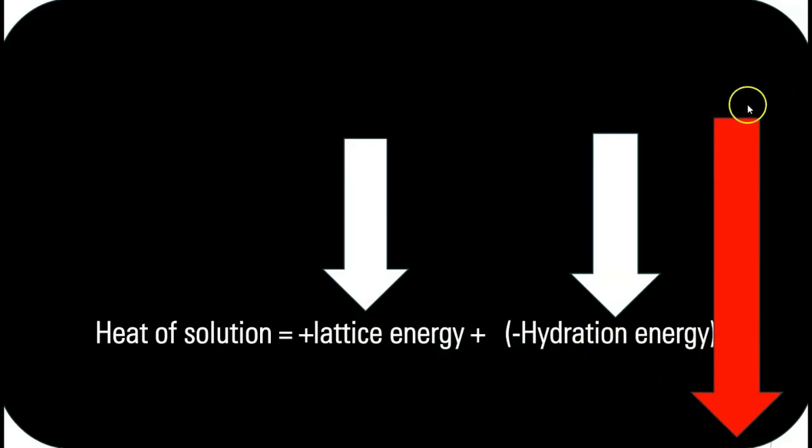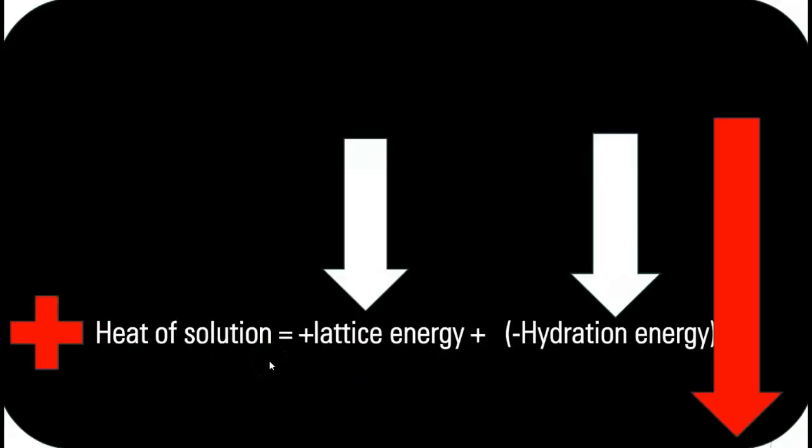However, hydration energy decreases significantly. So your negative value decreases significantly and your positive value is still larger than this negative value. So you get your answer in positive. So it becomes endothermic, or less exothermic, as we move down the group.